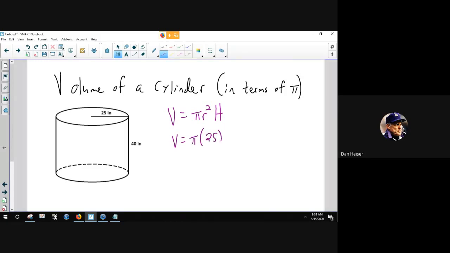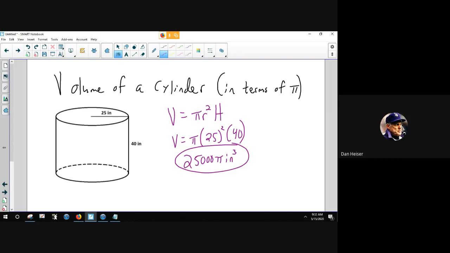So now, again, we just plug in our values, and make sure we keep terms of pi for this one. 25,000 pi, and now we are in cubic inches. 25,000 pi cubic inches is the volume of this cylinder.